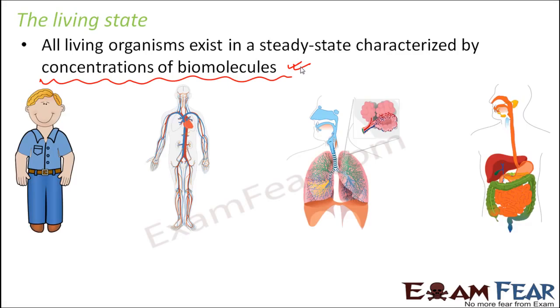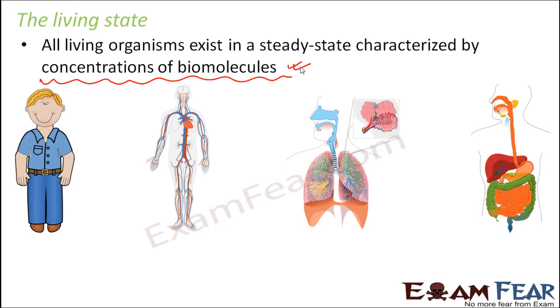When you talk about a human being, there are so many different processes happening inside our body, for example blood circulation, respiration, or digestion. But there has to be symmetry. Suppose the process of digestion is happening, but you do not have the digestive enzymes in the right amount. Do you think digestion can happen in the right way? It can't.